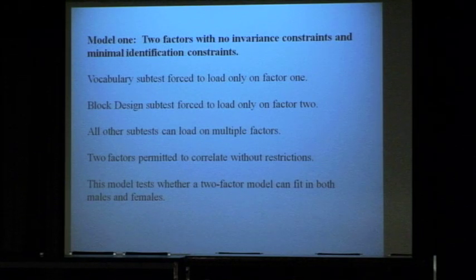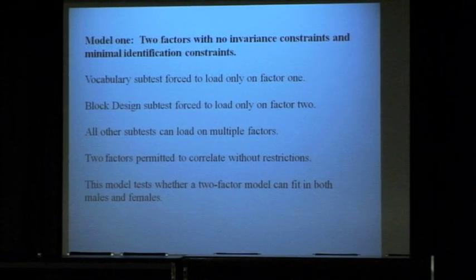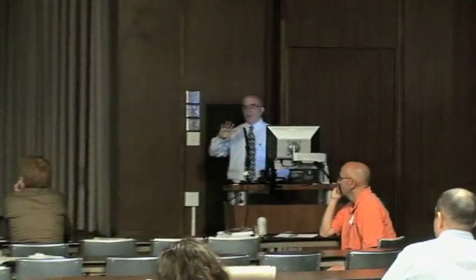We'll start out with a 2-factor model, and I'm not going to force each variable to load only on one factor to begin with. I'm going to go with an even weaker model that allows them to load on both factors, but the vocabulary subtest I'm going to force to load on factor 1, and the block design subtest I'm going to force to load on factor 2.